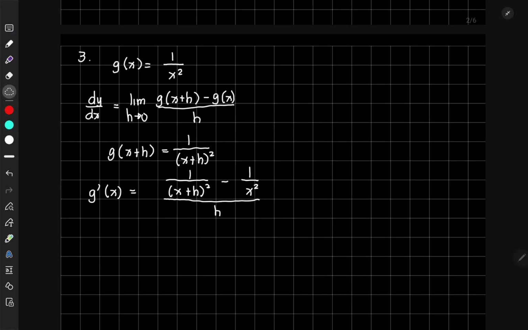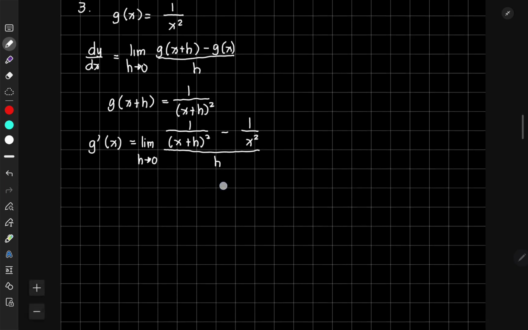So we have the limit of that as h approaches 0. We have to simplify this equation again before we substitute 0 for h.